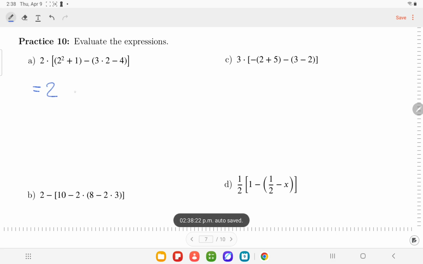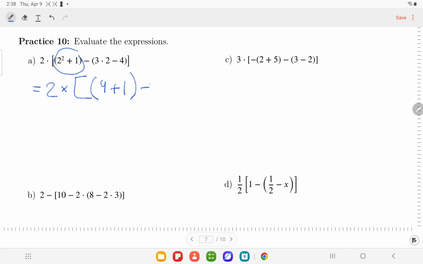So to do this, we would start with this bracket here, and we would start with the exponent, right? So 2 squared is 4 plus 1. And then here we have multiplication, so we want to do that first because we're still following BEDMAS. So we end up with 6 minus 4.